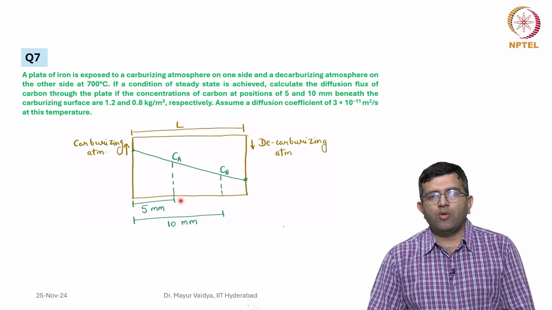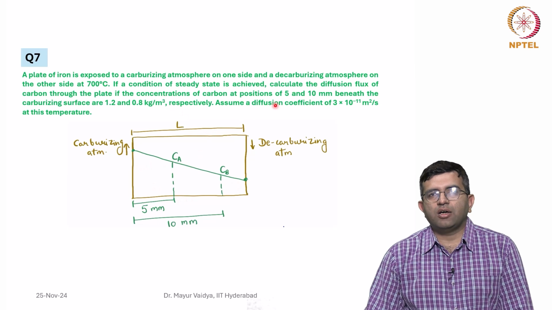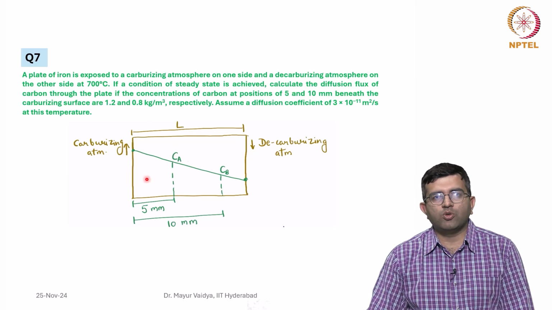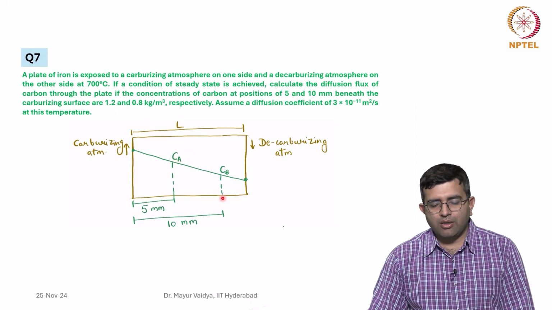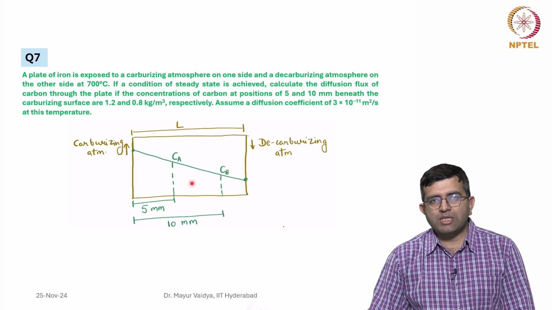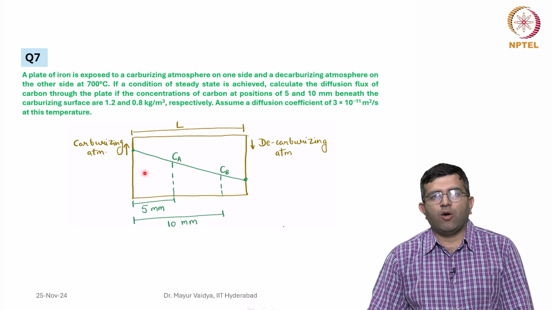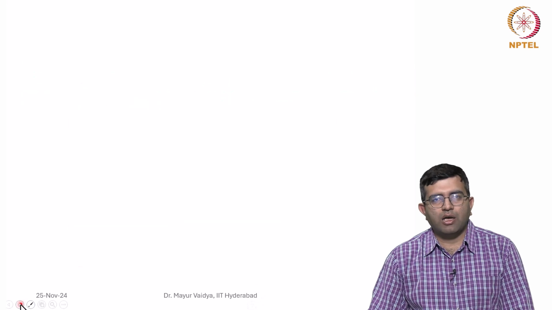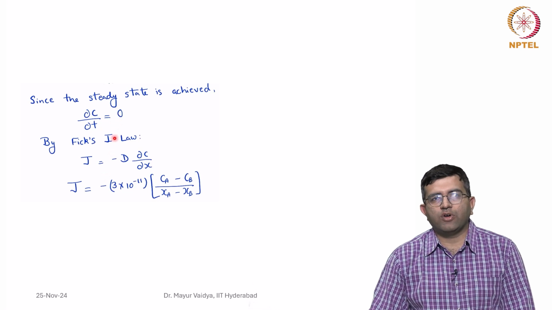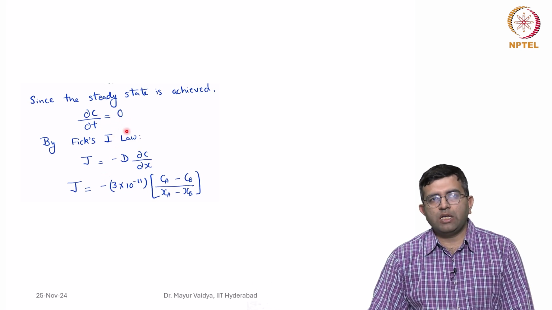Now what is given is that at a position of 5 mm below the surface you have a concentration 1.2, let me call it Ca, and at 10 millimeter depth you have 0.8, let me call it Cb. Because it is a steady state, in order to calculate the flux, I can directly use Fick's first law, because dou C by dou T is 0.